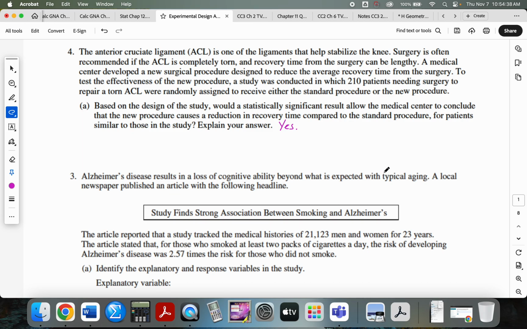Yes. Randomly assigned. It says this. They were randomly assigned to receive, so the 210 patients were randomly assigned to treatment.